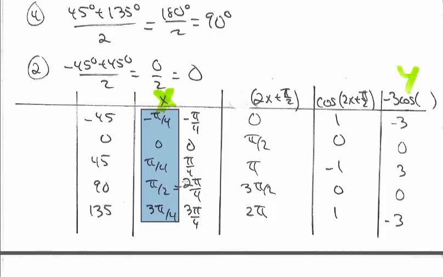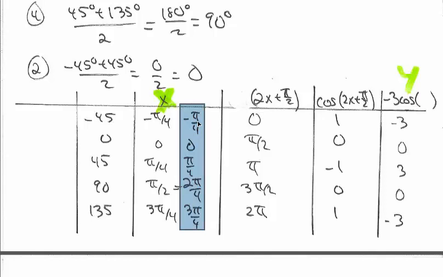what I like to do sometimes is write everything in terms of the same denominator. So if I convert pi over 2 to an equivalent denominator of 4, then look what a nice sequence of points I got. Negative pi over 4, 0, pi over 4, 2 pi over 4, 3 pi over 4.